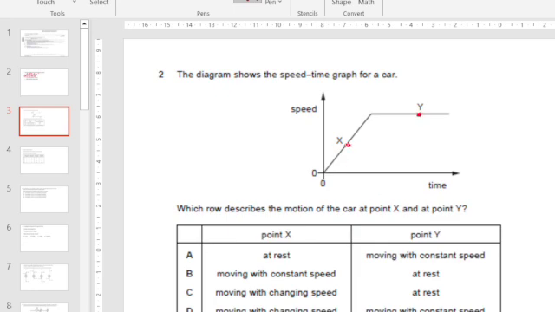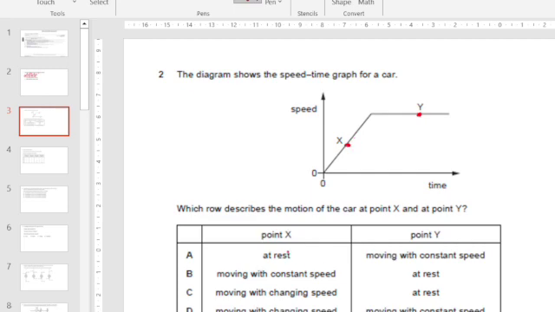So at the point X, the object is not at rest. The speed increases at the point X. It's a changing speed generally.